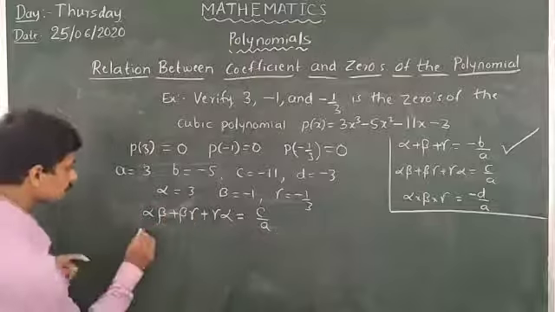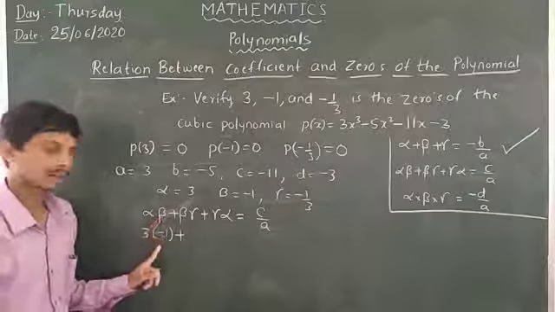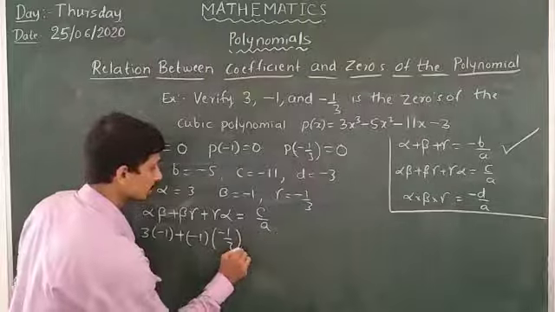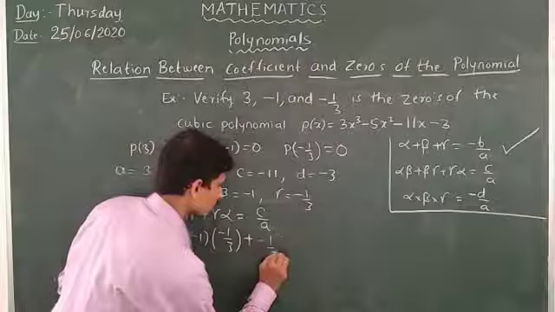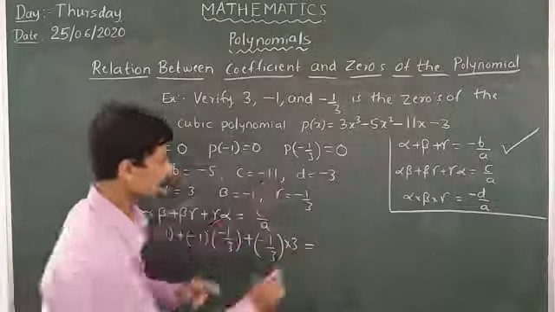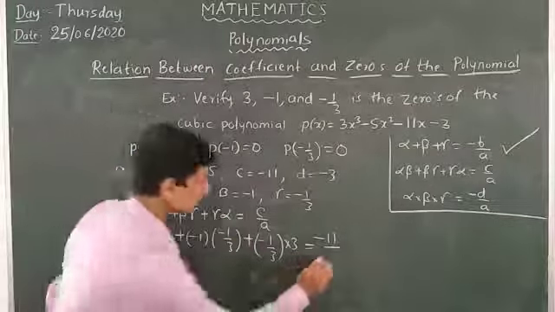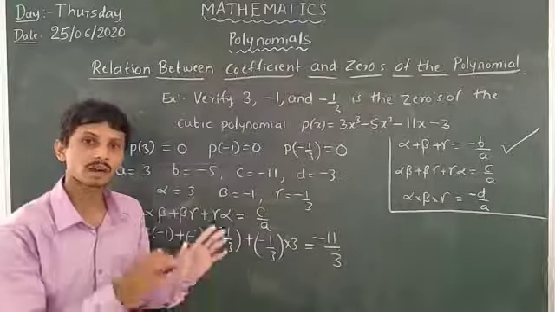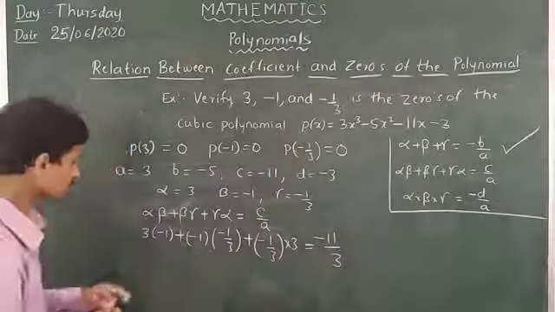Alpha is 3 into beta, which is -1, plus beta, -1, into gamma, -1/3, plus gamma, -1/3, into alpha, 3, is equal to c, which is -11, divided by a, which is 3. So I inserted all the values of alpha, beta and gamma, and c and a, into the given equation.